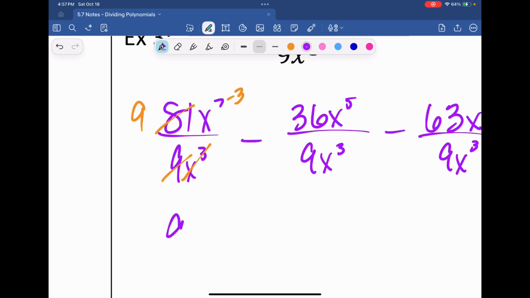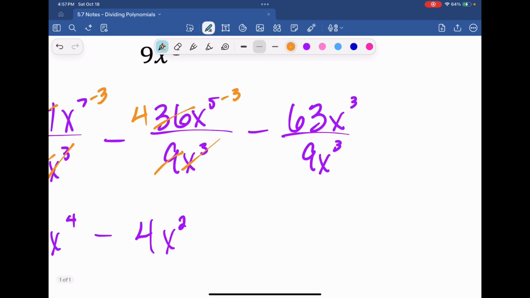So that gives me 9x to the 4th. 9 goes into 36 4 times. 3 is smaller than 5. So that's 4x squared. Then 9 goes into 63 7 times. Then we get x to the 0, which is 1. So this is minus 7.